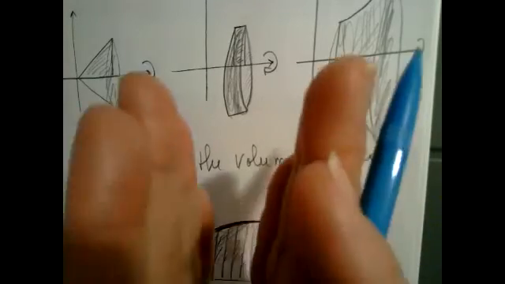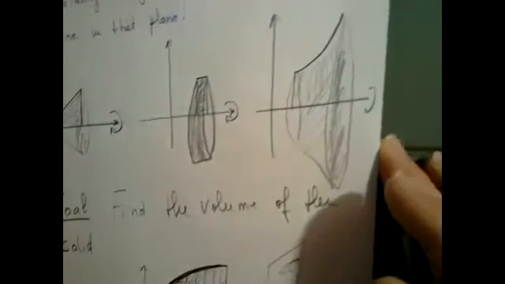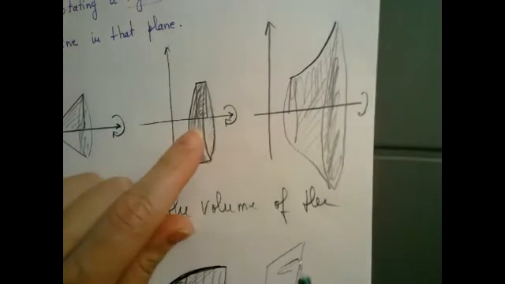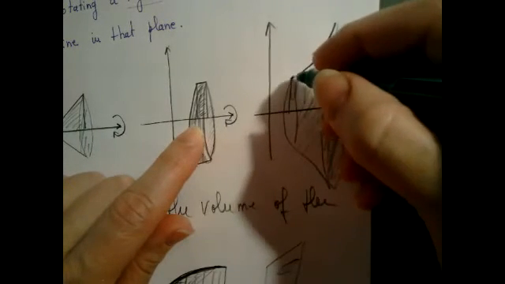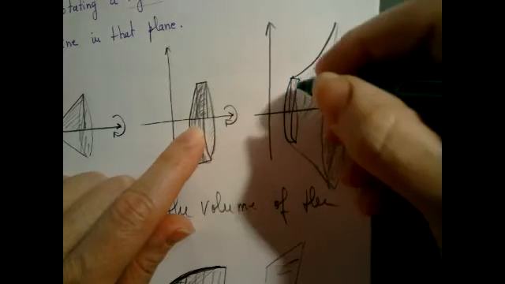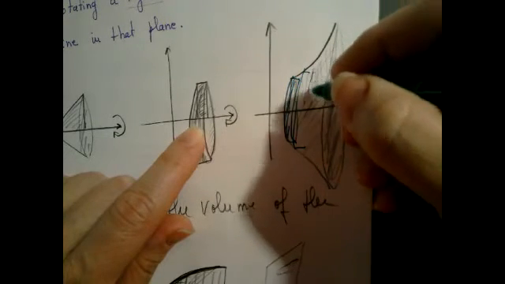But what are the simpler objects we're going to fill this region with? What we are going to fill this region with are simpler solids, and those solids will be cylinders. So, and I will explain, of course, we're going to fill this region with tiny cylinders. That's exactly what we're going to do.